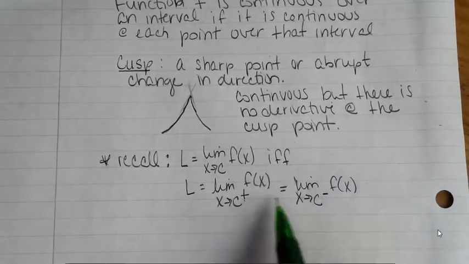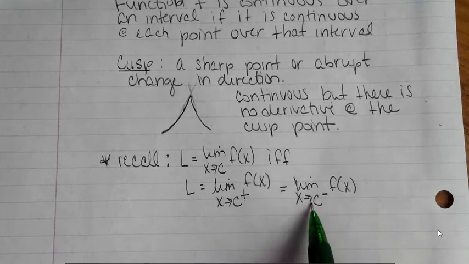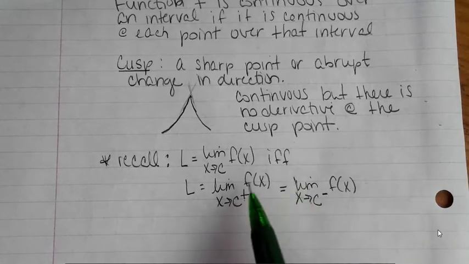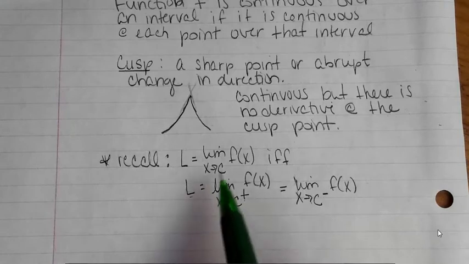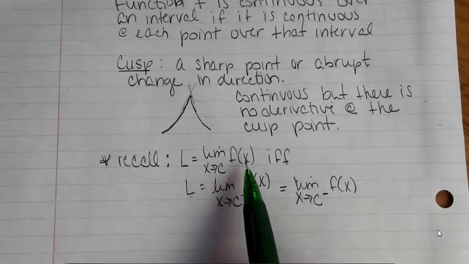Okay, so these all have to be equal. As we're approaching c from the left, as we're approaching it from the right, they both have to have the same output. Okay, and then our limit will actually exist.